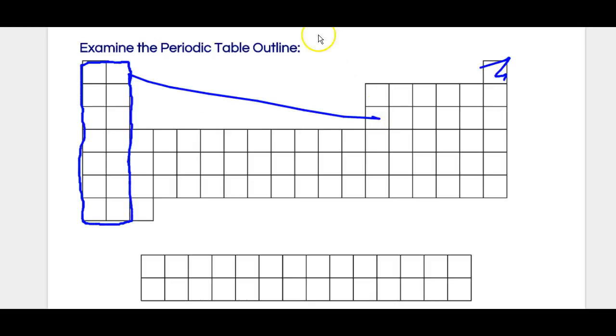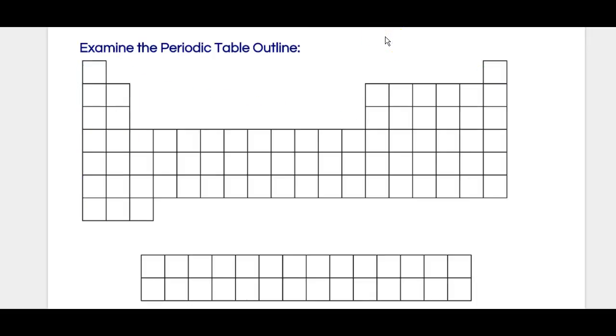In this block over here, we have 1, 2, 3, 4, 5, 6 columns. All right, so we have 6 columns here. Remember, we had 2 columns here. I'm going to use a different color now.